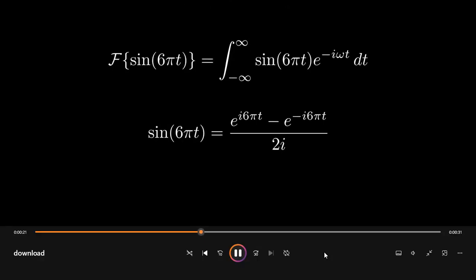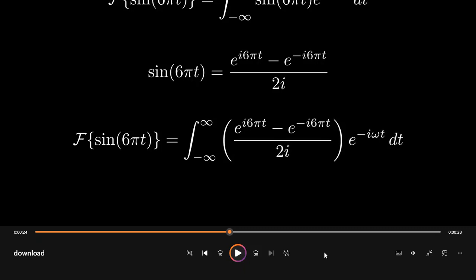We continue by plugging in the Euler formula instead of the sine in the Fourier formula. So we get this. This is the Fourier transform we have until now.